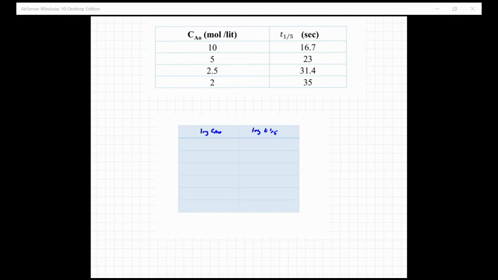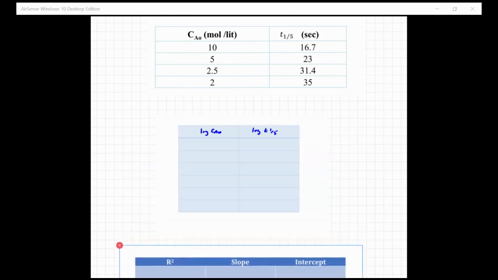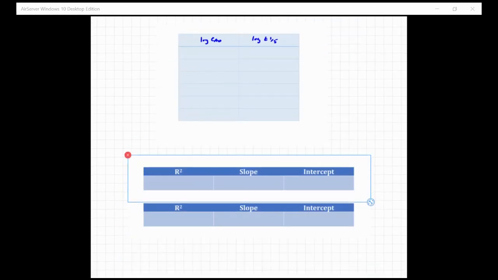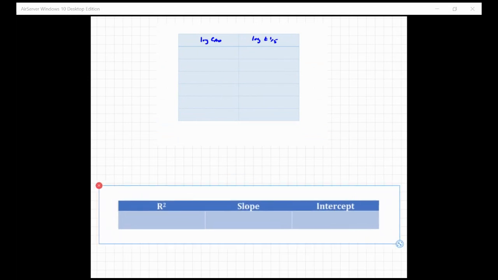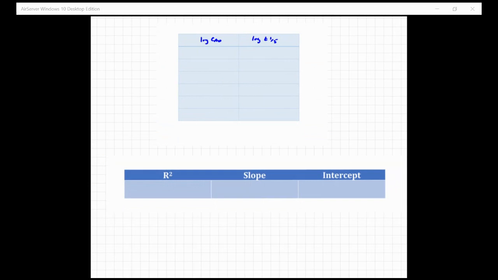So I'm getting answers for the linear regression. I have R squared here. Let me just check my answers here. R squared is giving me 0.999.